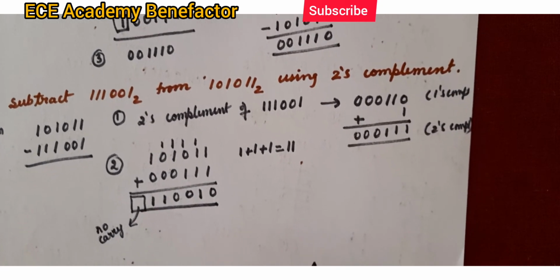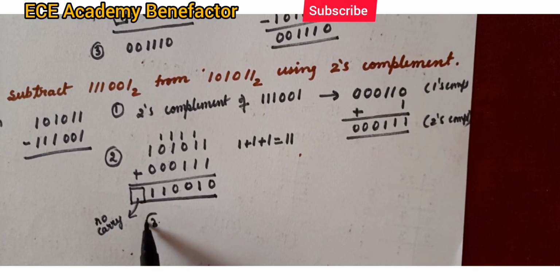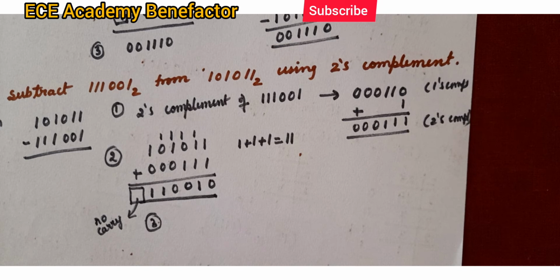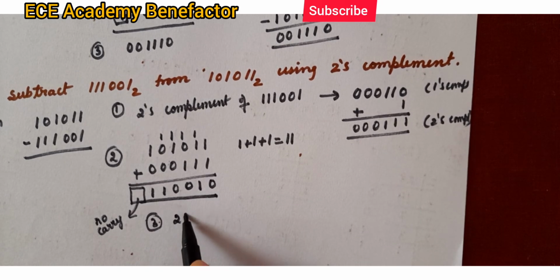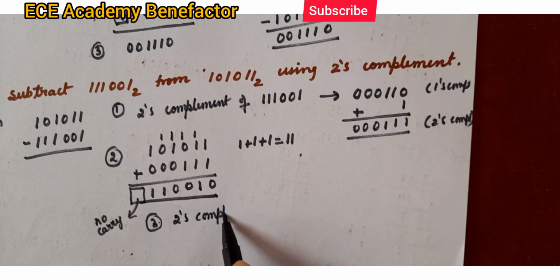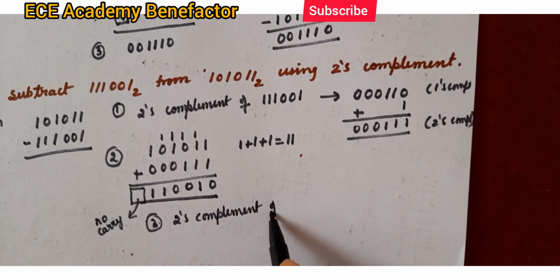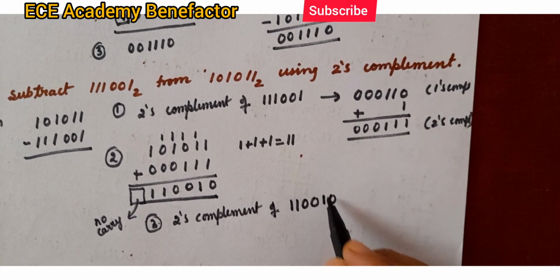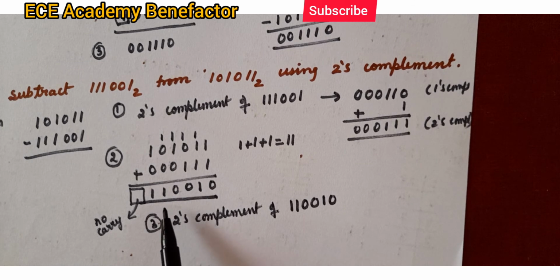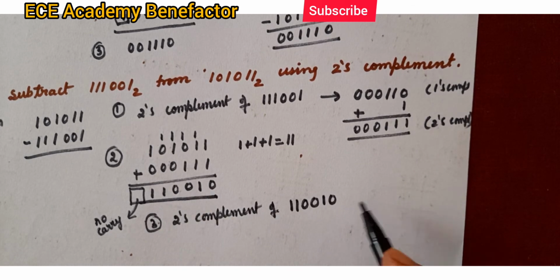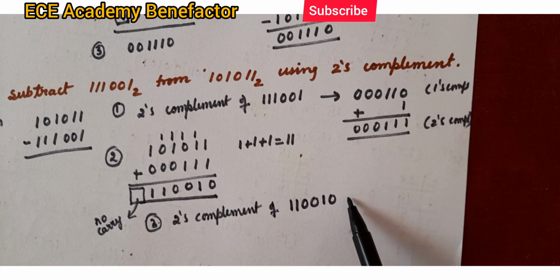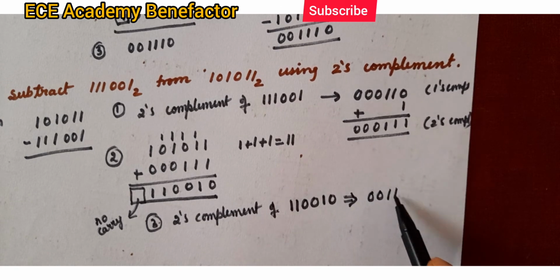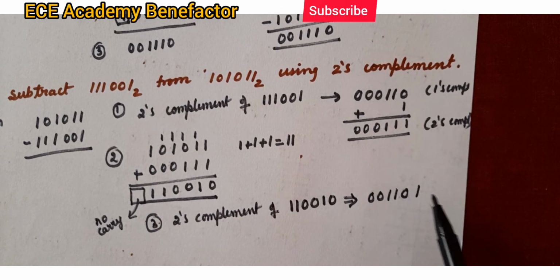If there is no carry, the third step is find 2's complement of the result and put a minus sign. 2's complement of 110010. What is it? For finding 2's complement, first find 1's complement, that is 001101.